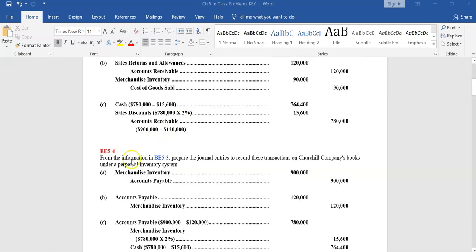The inventory cost Churchill $900,000. We will increase our inventory for $900,000 to record the cost of the inventory purchased. We haven't paid for it yet, so we also need to record an increase to the liabilities. Debit the asset to increase, credit the liability to increase.